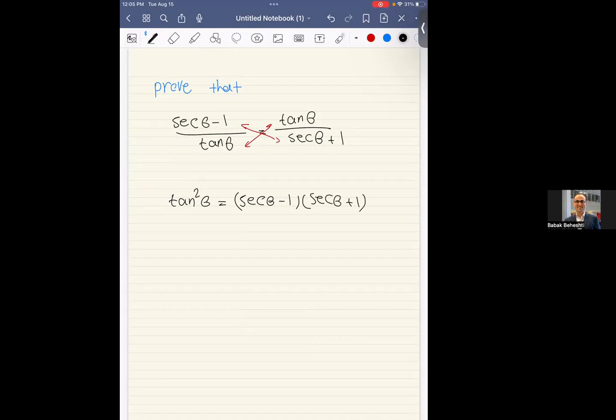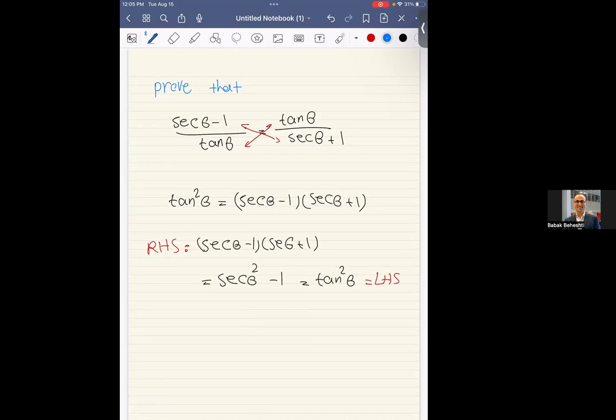Now I look at this identity. The right-hand side is secant theta minus 1 times secant theta plus 1. That is equal to secant theta square minus 1, right? But we know that this is just tangent square, and this is the left-hand side.